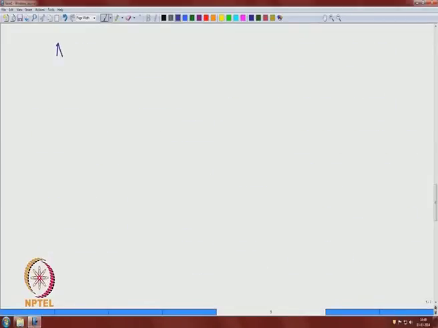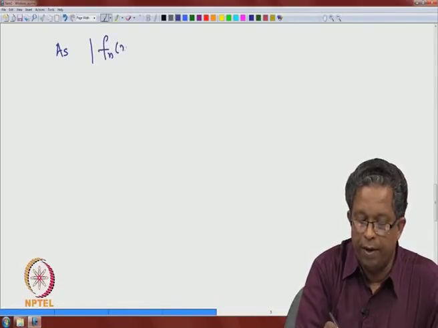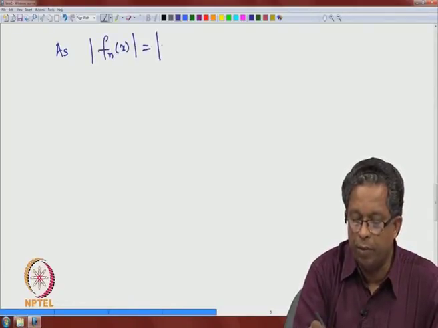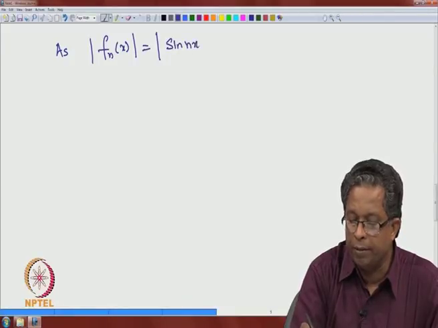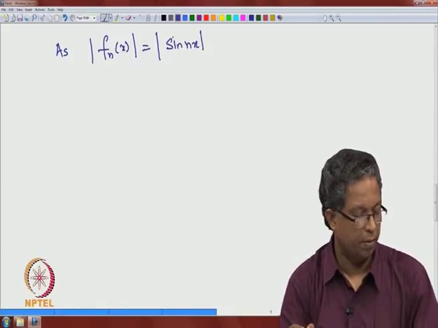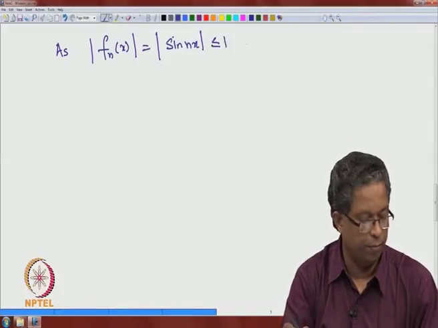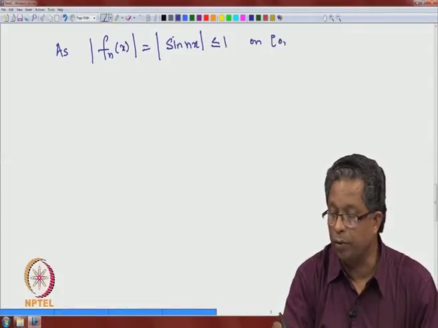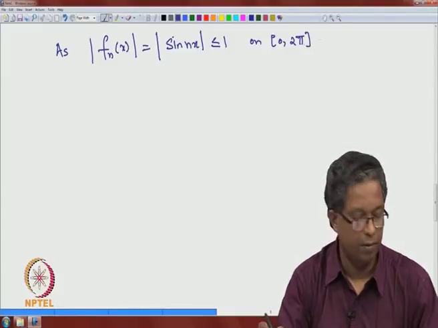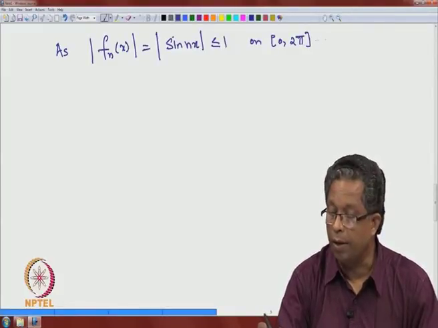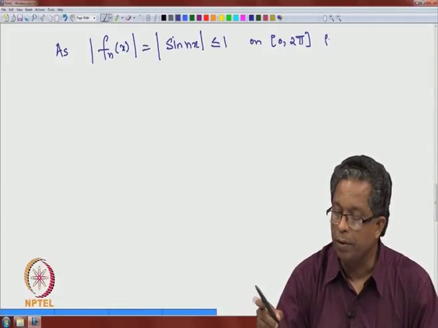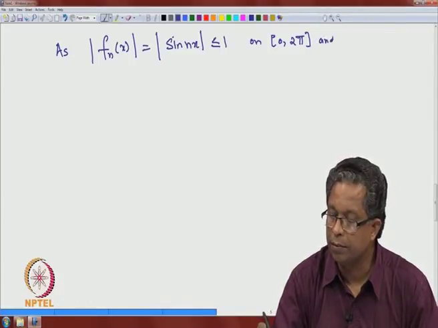So, the absolute value of Fn of x, which is the absolute value of sin nx, is less than or equal to 1 on the interval 0 to 2 pi, and for all n equal to 1, 2, 3.